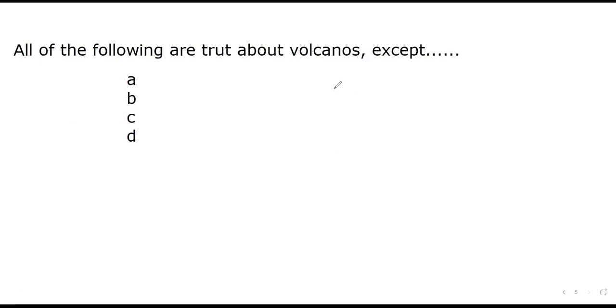This information is real about volcanoes. This one is also, this one is also. This one is not. So option A is correct. Option B is not. Option C is right here. Option D is also. So this one is the one that I need to choose. Okay, why? Because A, C, and D are in the passage. Only the letter B is not included. It's not true about volcanoes.